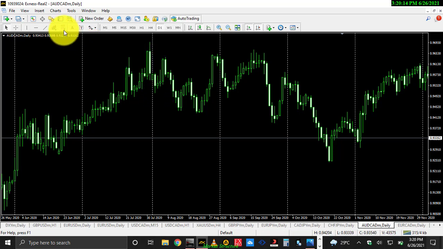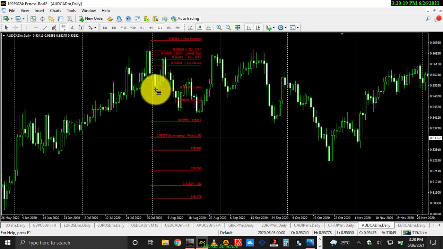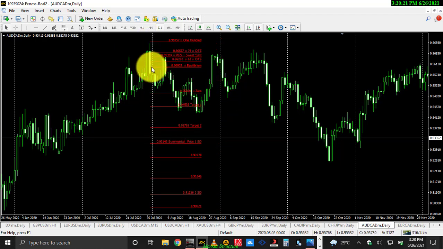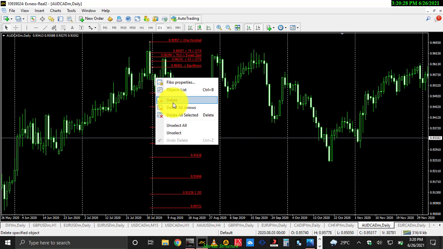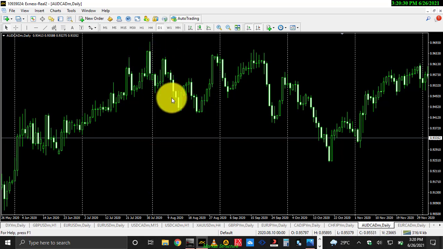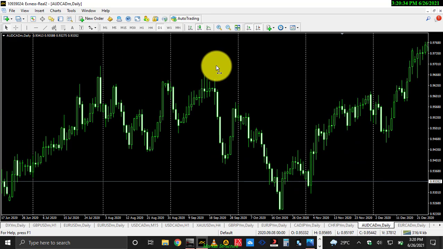Then price has to trade to about 50% of the range. 50% is here. It went much higher, and then we traded down. Then we came up.